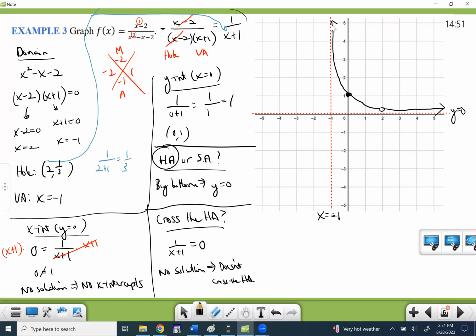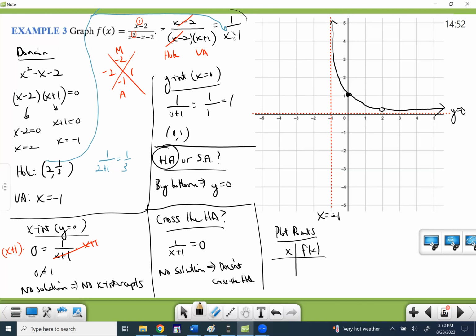All right, but now let's go ahead and figure out what's going on over in this region, right? So maybe we could substitute in a -2. So this will be us plotting points. In this case, we don't need to plot points, just one point will do it. And we're always going to substitute it into the simplified version because it's simpler, right?